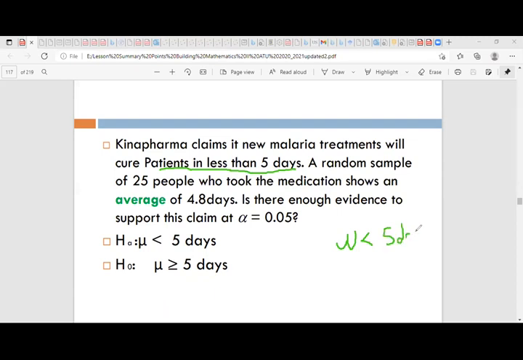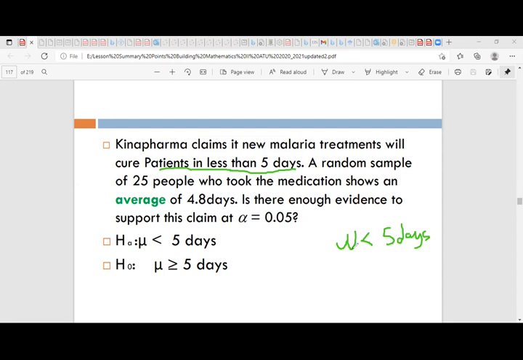So that is a claim made by the manufacturer, which now becomes your objective to test in a research. So this is the claim.